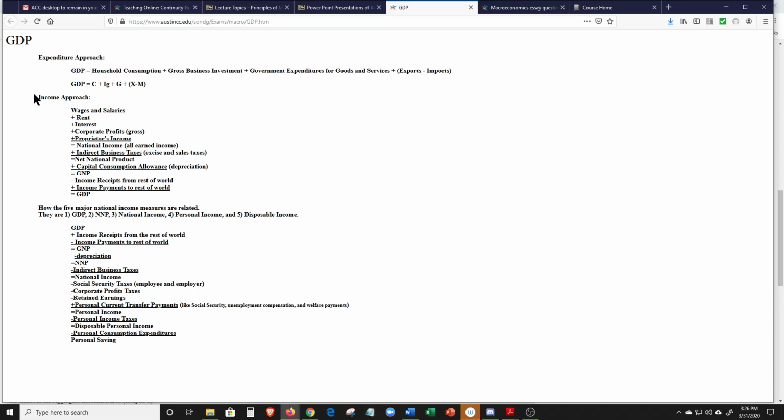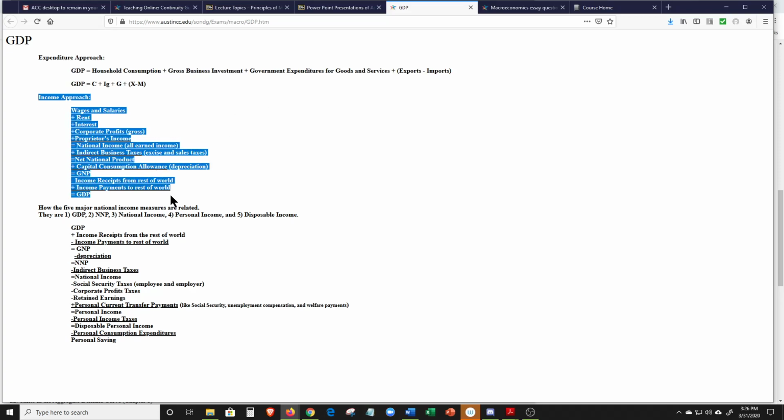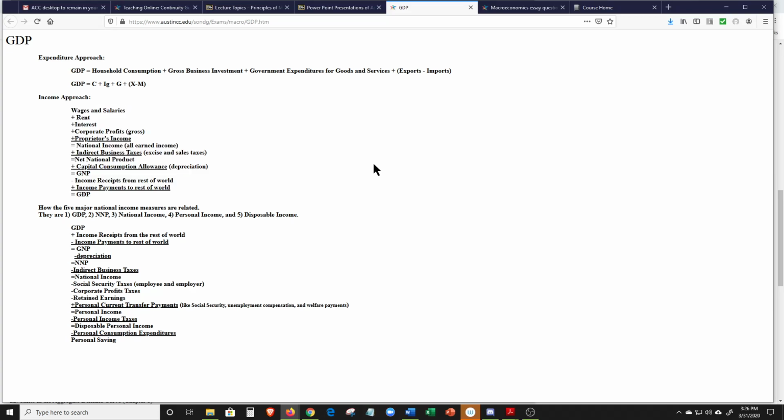The other approach is the income approach, a little bit more complex. In this approach we add up all the sources of earned income, wages and salaries, rent, interest, corporate profits, and proprietors' income in order to get national income, which is all earned income.